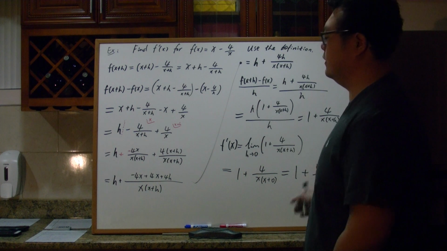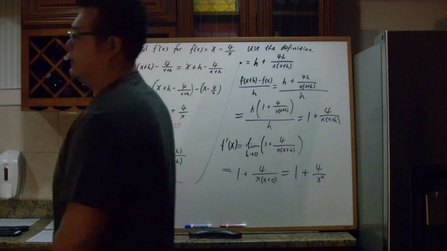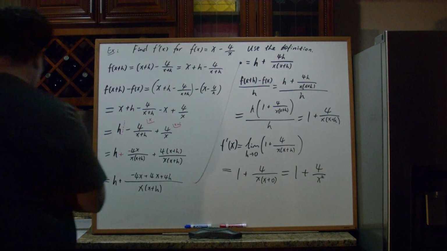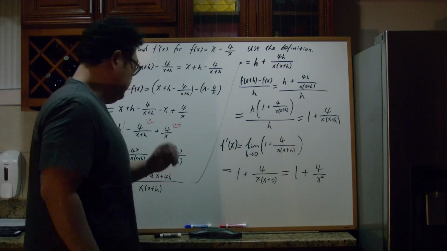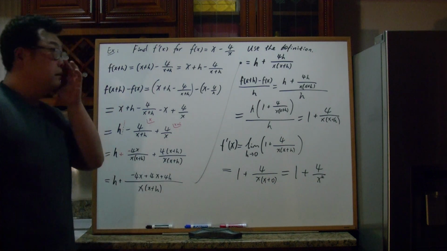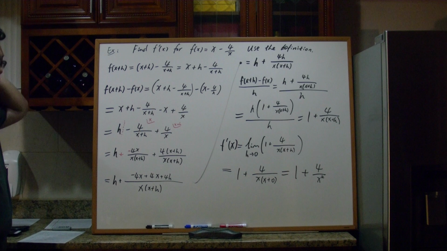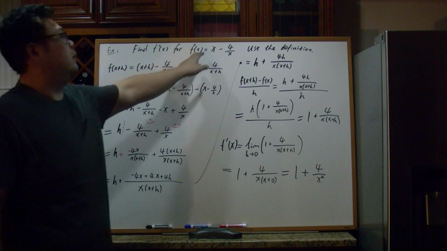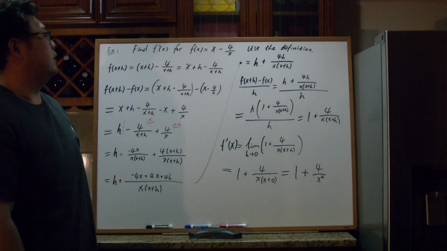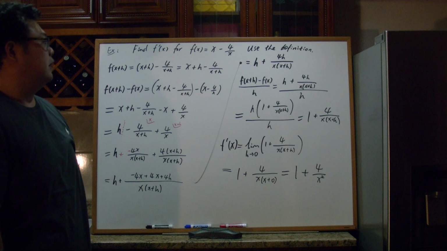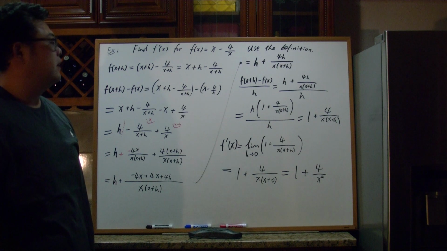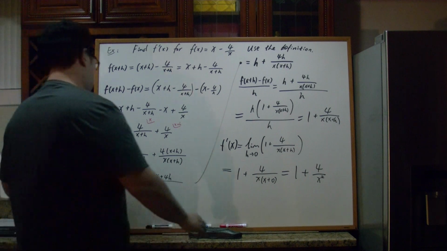We have 1 plus 4 over x squared. So that somehow wraps up the polynomial with the rational expression. And maybe you will see more practice in your homework. But that is what we have.